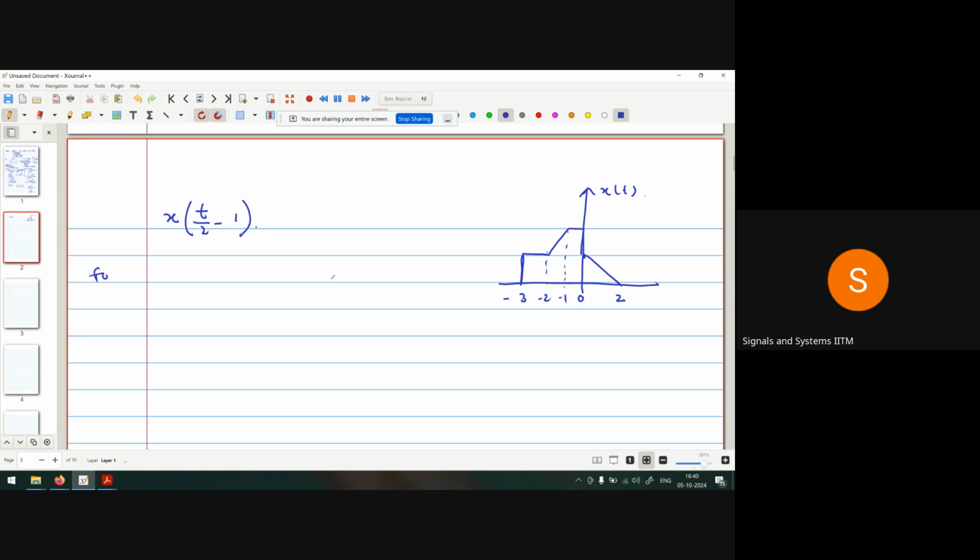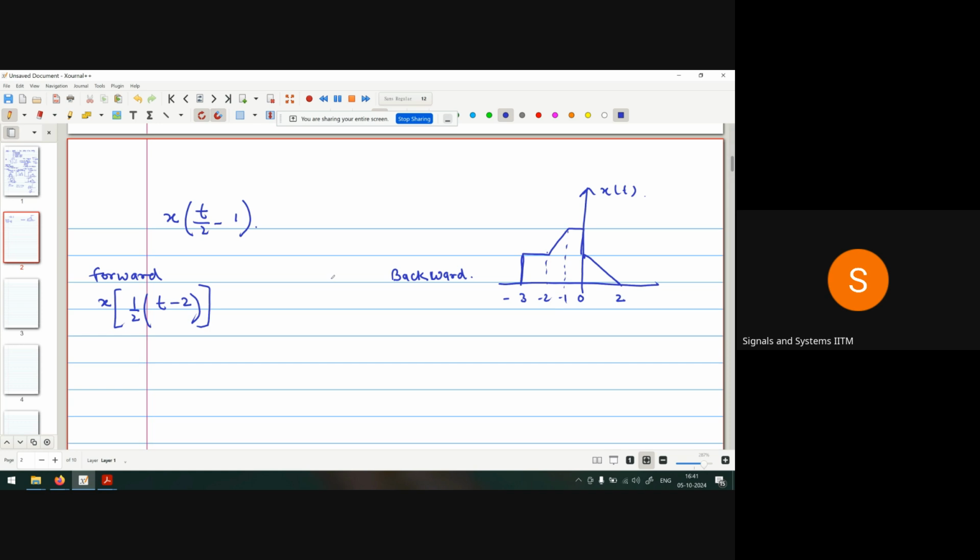Again, we are going with the two approaches. If we first do the shifting operation by -1 and then the scaling operation by 1 by 2, it will be easy. I'm just telling you two approaches; you can solve it with any other method. If I go with the forward approach, the factor 1 by 2 comes with respect to t, so I take 1 by 2 common and it becomes t minus 2.